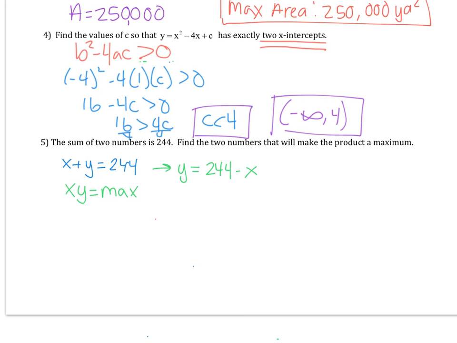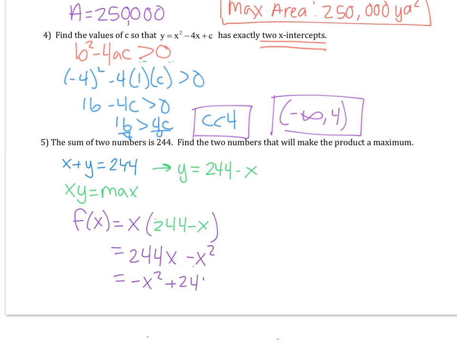So now when I'm writing this function that I want to be a maximum of x times y, I'm going to plug in that y is 244 minus x. Now I can go ahead and distribute, so I've got 244x minus x squared. Again, now I can tell that this is a parabola that opens down, if you want to rearrange it so it looks like that. That might be good.